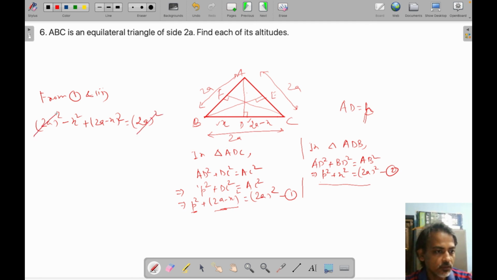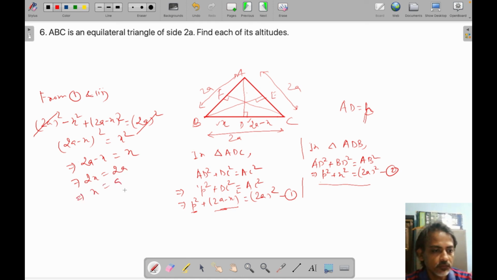This and this expression will go. So we have 2A minus X whole square equals X square, and then we'll remove the square. So 2A minus X equals X. This implies 2X equals 2A. This implies X equals A.